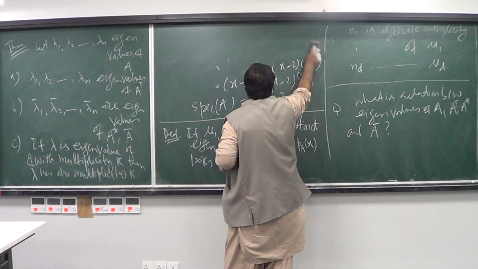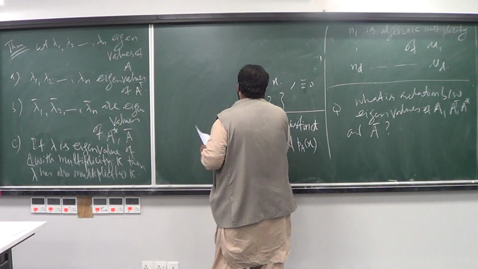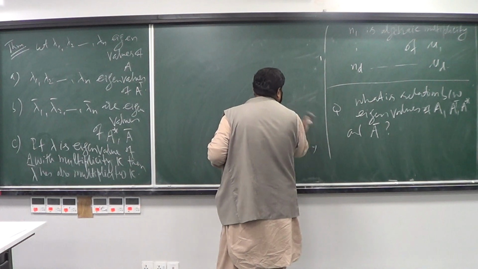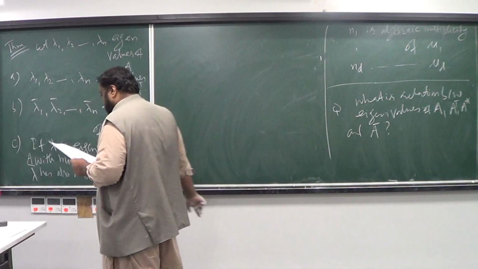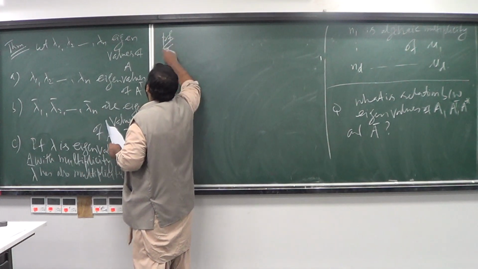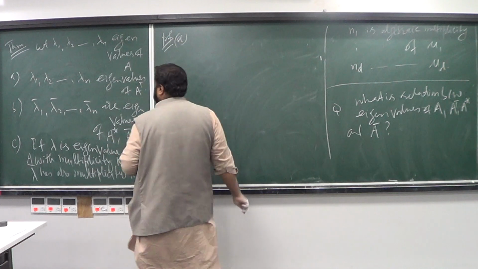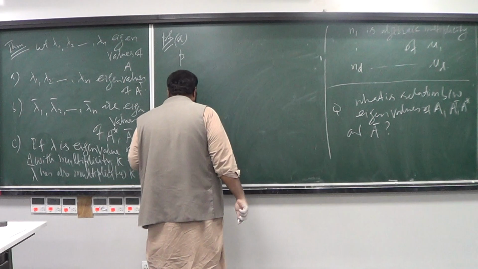So let's quickly go through the proof of it, and then let's go towards some other interesting results about the characteristic polynomial. So what would be the proof of part one?